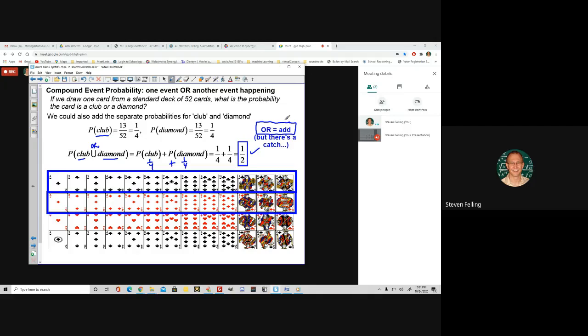Think about why that's true, because if you have one way for something to happen, and then you have additional ways that you can also get in, like let's say we want to find the probability that you're in the science club or the math club. Well, that means there's more ways for that to happen. So the probability should go up if there's more ways for that to happen. So it makes sense that it would be add. And in fact, it is add, but there's a catch. Okay, so we'll explore the catch here.